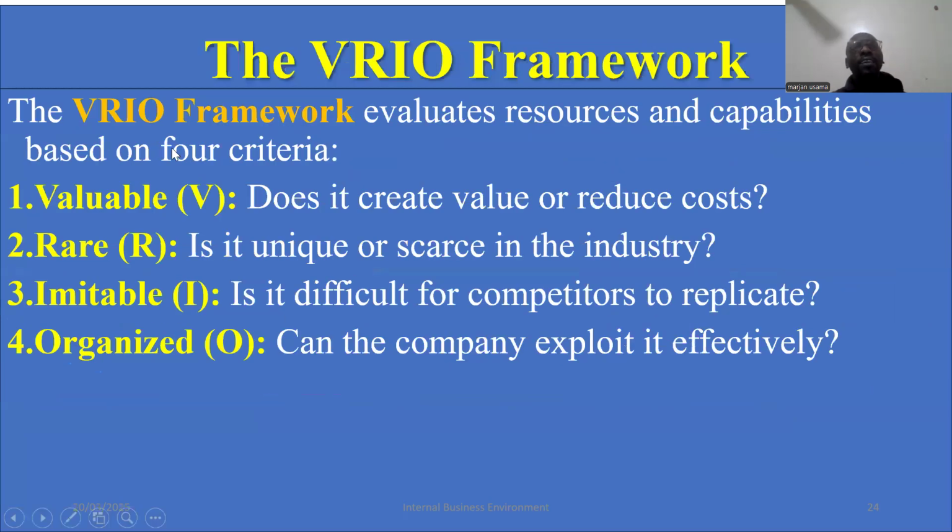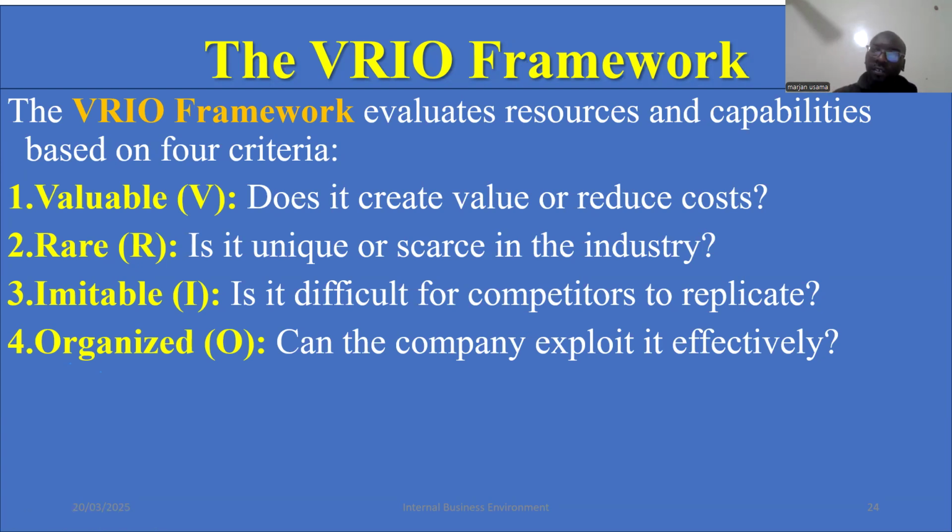Then we have, again, all these things are still related to the first point, resources, the VRIO framework. The VRIO framework is an acronym. The V stands for valuable, the R is for rare, the I is for inimitable, the O is for organized.